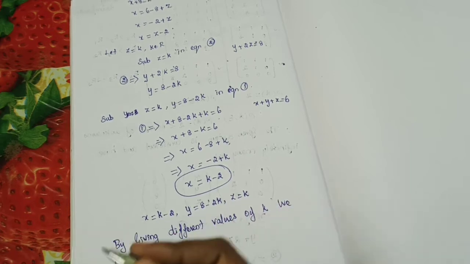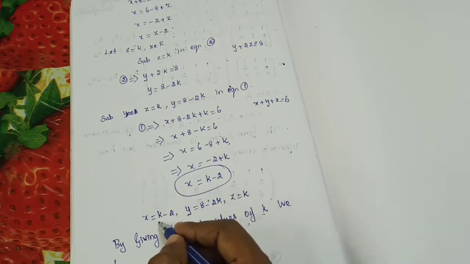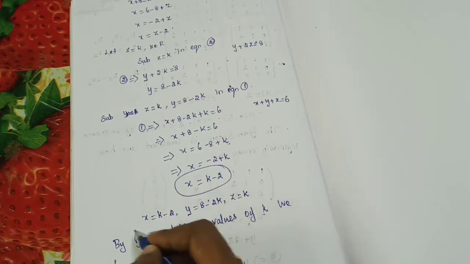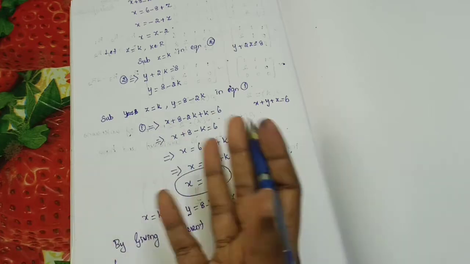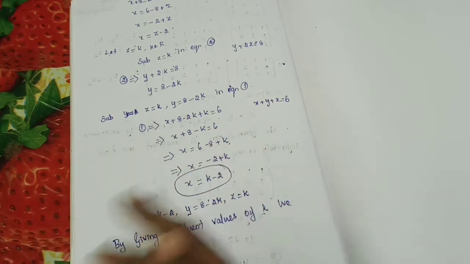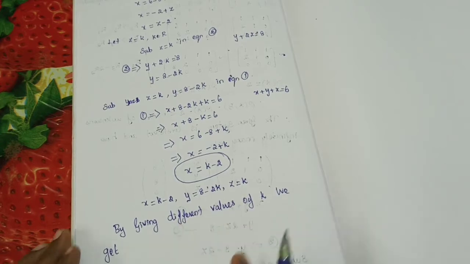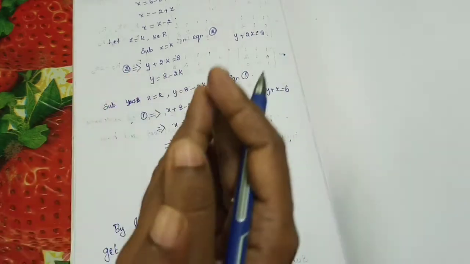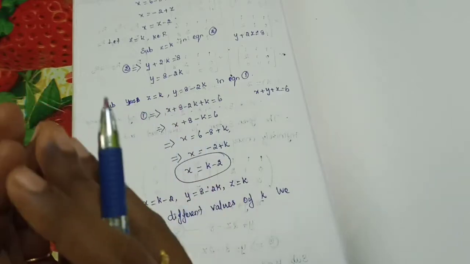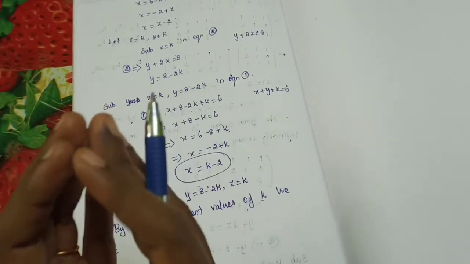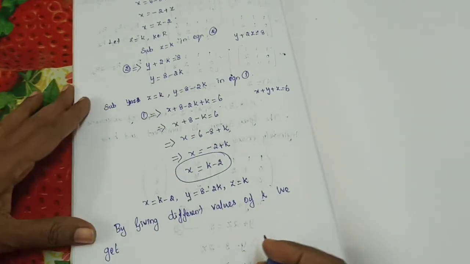That's the meaning. That day I said, is it right? If I give k equal to 2, I will get x as 0. If I give k equal to 1, I will get another solution. If I give k equal to minus 1, another solution. So whatever different values we give for k, we will get different solutions. So we are saying this is consistent and thus has infinitely many solutions.